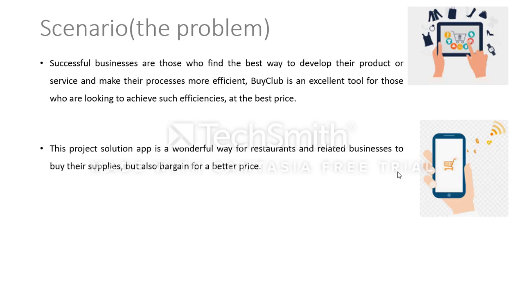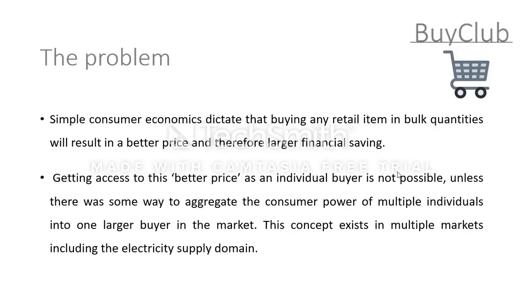This project was meant for individual buyers who want to get a better price buying their products, but how can they do that buying as an individual? So the problem, as a simple consumer economics dictates, is that buying any retail items in bulk quantities will result in a better price and therefore larger financial savings.